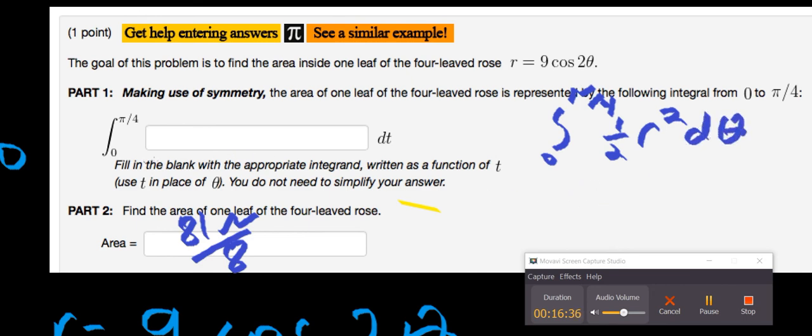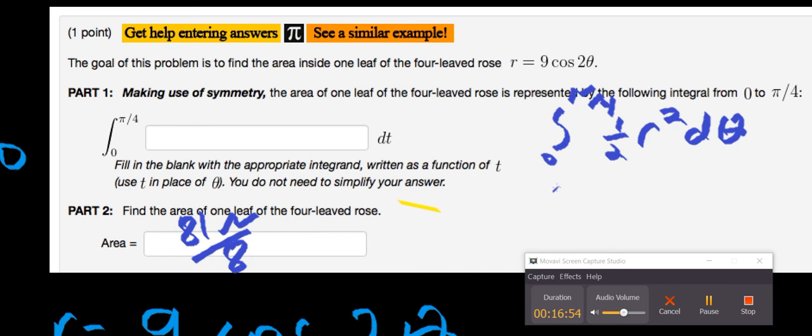For some reason, they don't let you pull your 1/2 out here. But our r in this case was 9 cosine 2 theta.